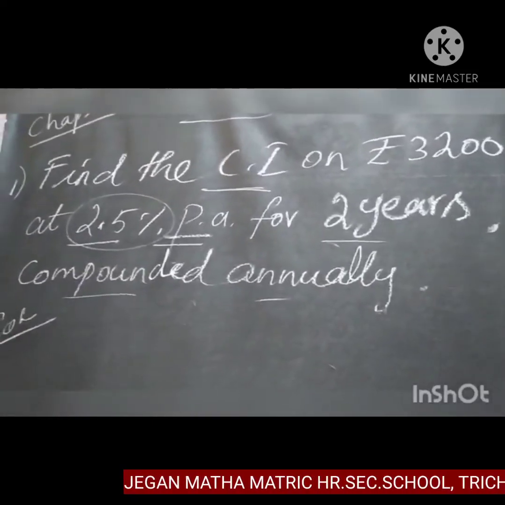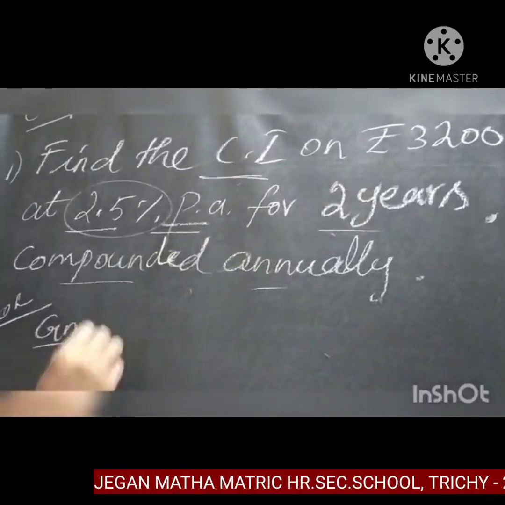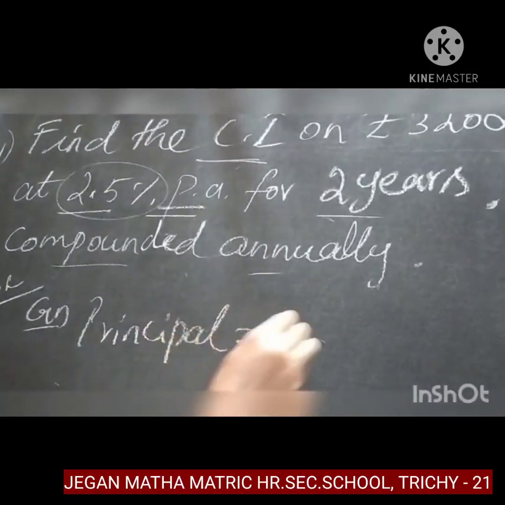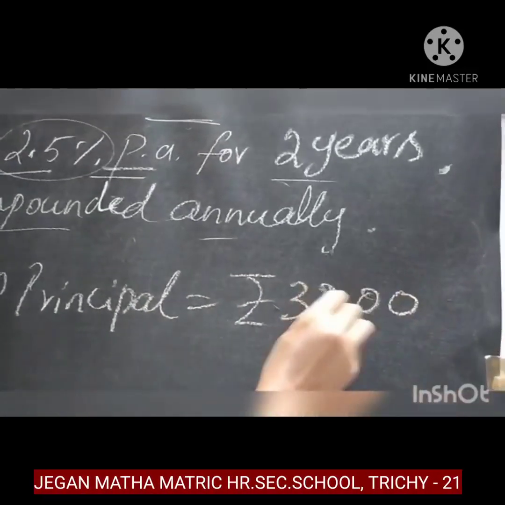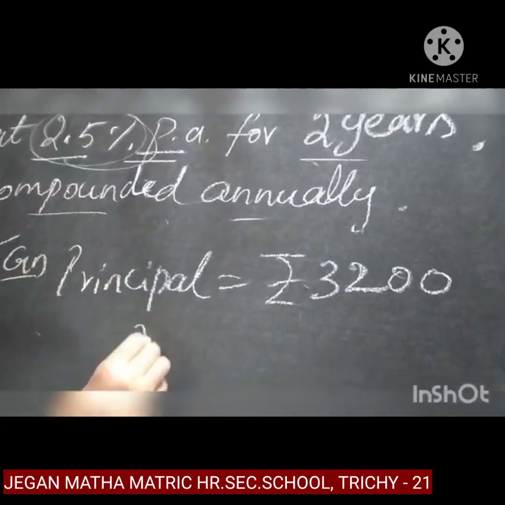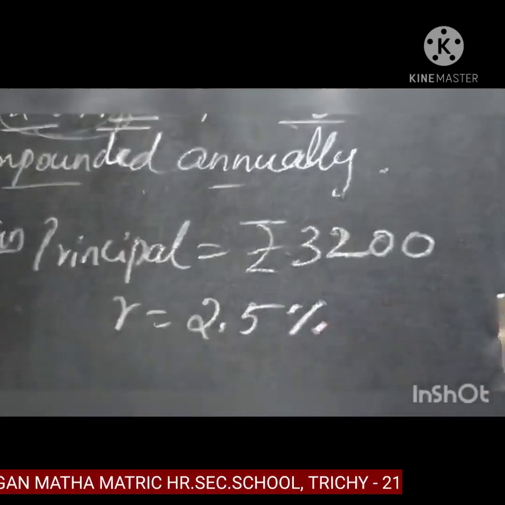Okay, first, what is given, you have to write the step: principal amount, CI. So principal equal to rupees 3200. The rate of interest is equal to 2.5 percent per annum.